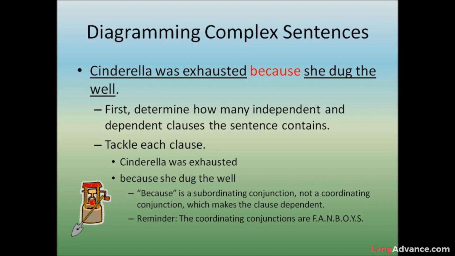The coordinating conjunctions we learned before are for, and, nor, but, or, yet, so, the FANBOYS words. If it is not one of those coordinating conjunctions, it is probably a subordinating conjunction, and the clause that follows will be dependent.